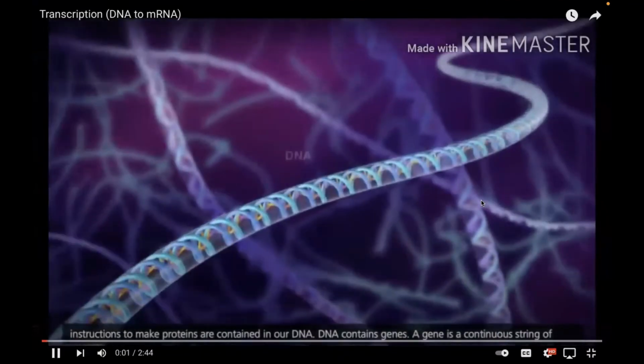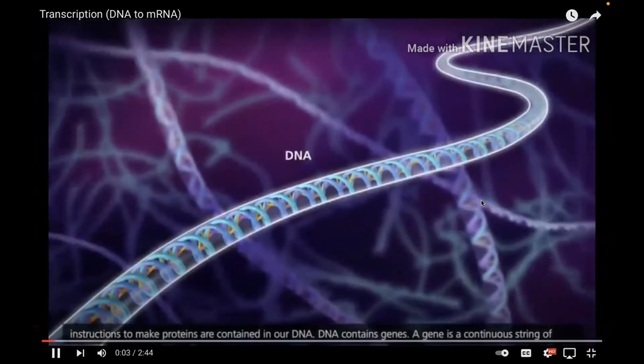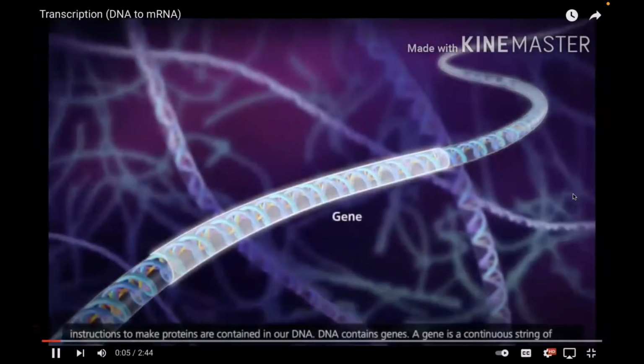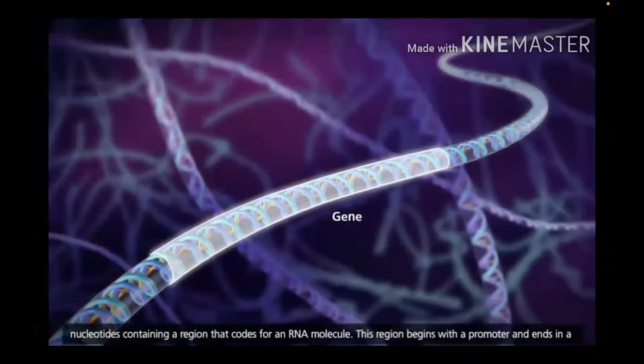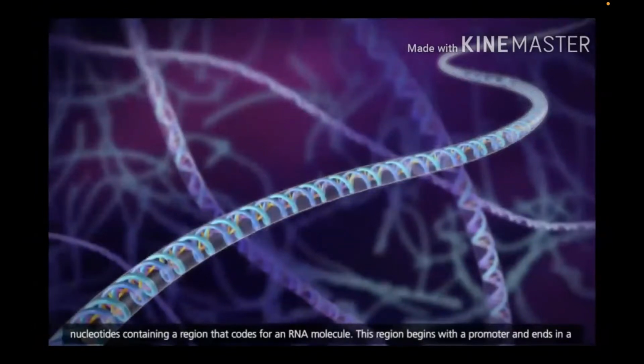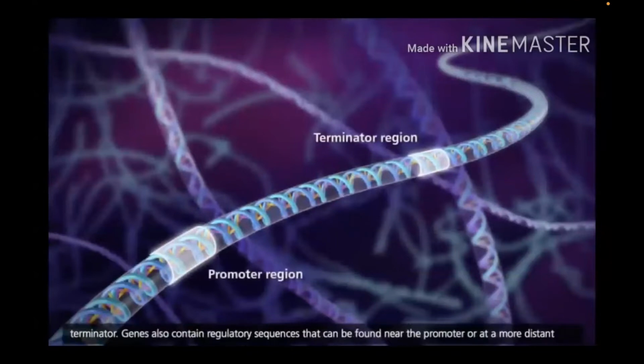Genes are contained in our DNA. DNA contains genes. A gene is a continuous string of nucleotides containing a region that codes for an RNA molecule. This region begins with a promoter and ends in a terminator. Genes also contain regulatory sequences that can be found near the promoter or at a more distant location.